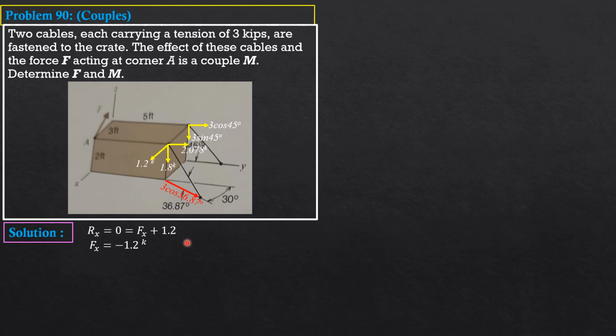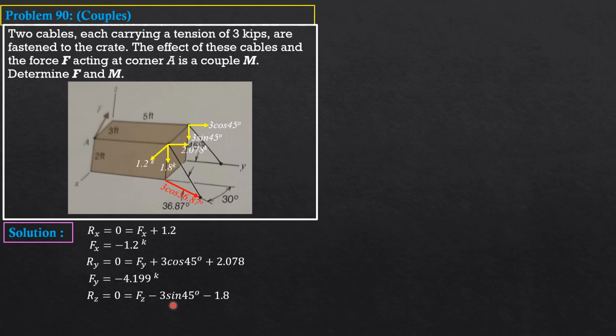Ry is 0 and it is equal to Fy plus 2.078 plus 3 cosine 45. So Fy is negative 4.199 kips.